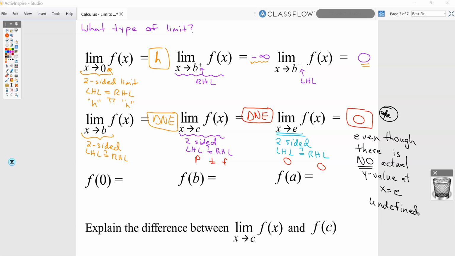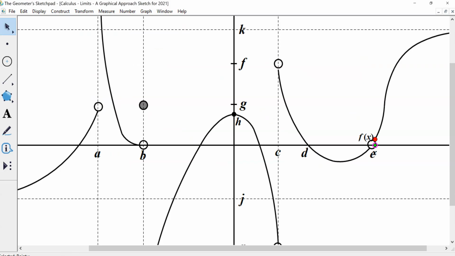So when you look back at our graph, all I see, let me slide this out of the way so we can get a little bit better view, there is no actual point, no closed circle when x is equal to E. This is a specific hole in the graph, which means it is an undefined value. X cannot equal E in this graph.